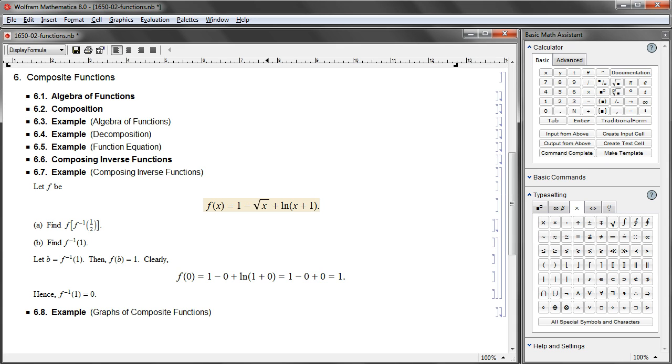I said clearly, but if you know the answer, it's clear, but it's rather ingenious, I have to admit. How did he end up with x equals 0? Probably trial and error, I guess. So this whole thing is equal to 1 because we want 1, and then there's 1, so cancel this one and that one out, and then when we have everything just disappearing, that's how we get x equals 0, I think.